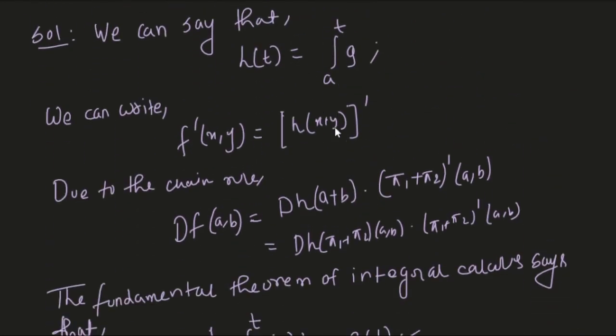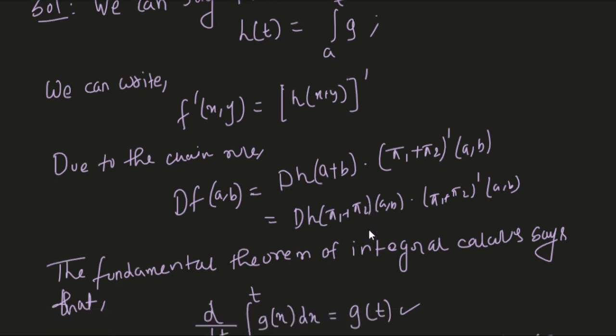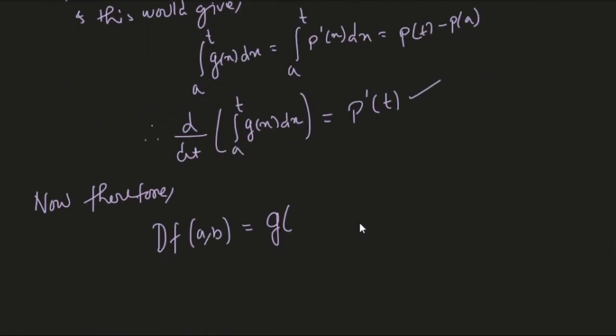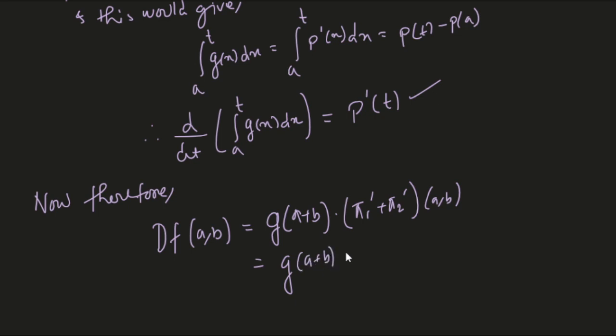So dh of pi 1 plus pi 2 at a comma b is basically dh of a plus b, which is g of a plus b. So this becomes g of a plus b multiplied by pi 1 prime plus pi 2 prime at a comma b. This becomes g of a plus b and 1 comma 0 plus 0 comma 1 at a comma b.